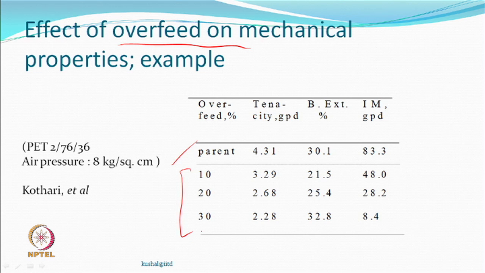One thing which you can notice is the parent yarn has higher tenacity and the textured yarns have lower tenacity. So, textured yarn can actually be very bad, because most of the fibers are lying everywhere, they are not contributing.